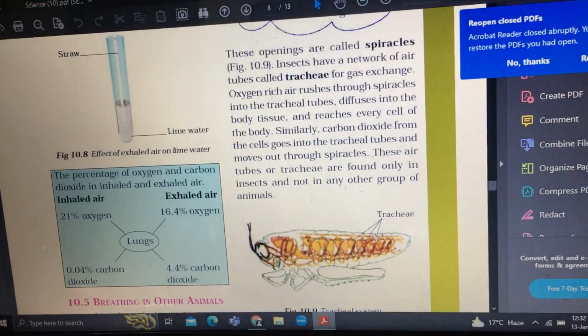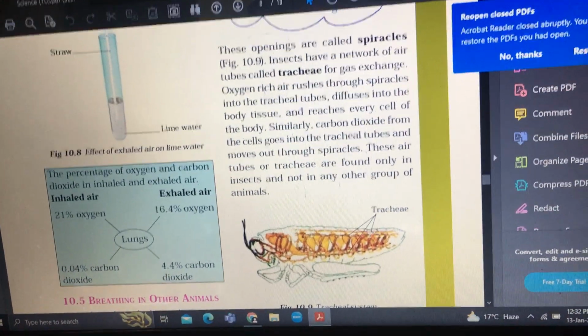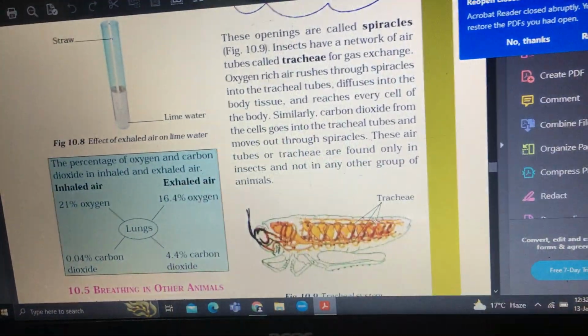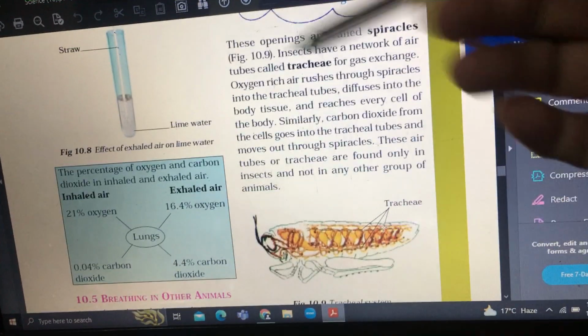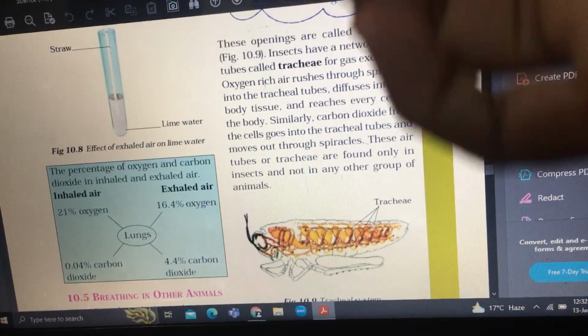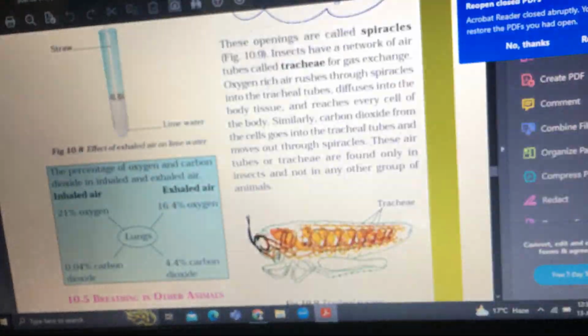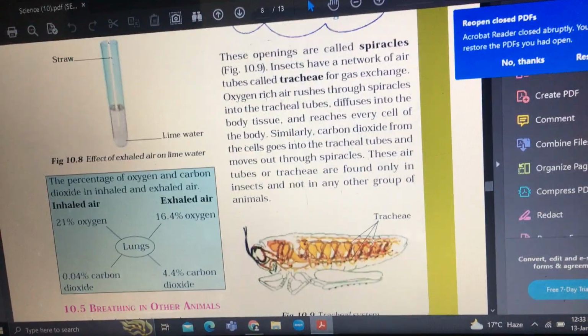Sometimes, especially during the winters, when you go near a glass and you blow on the glass, you see some fog or mist getting deposited on it, right? That is because of the water vapors evaporated due to the internal heat of the body, which got mixed up with the air, and they are getting expelled out of it.